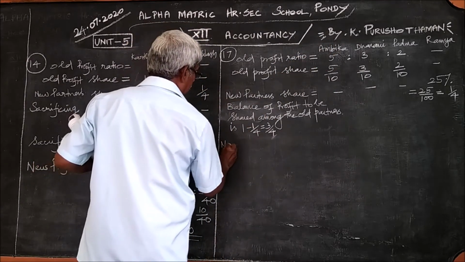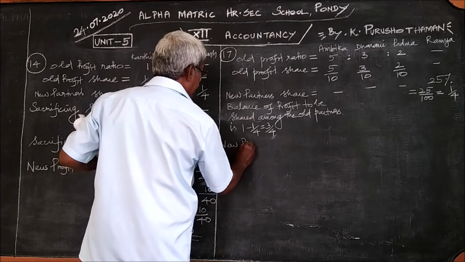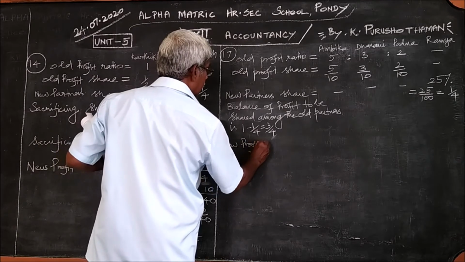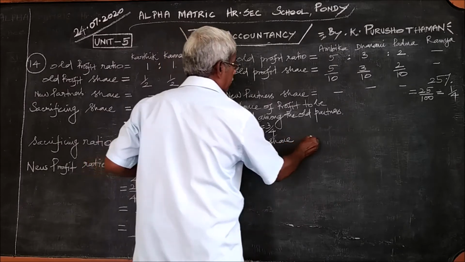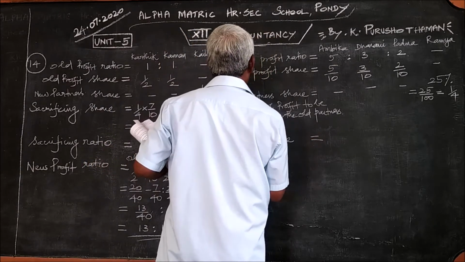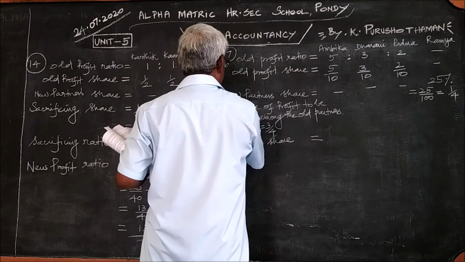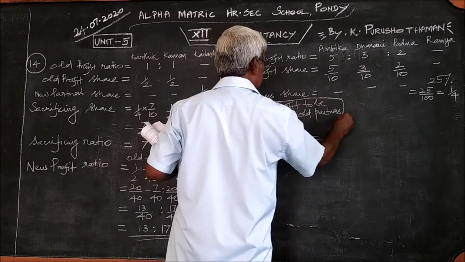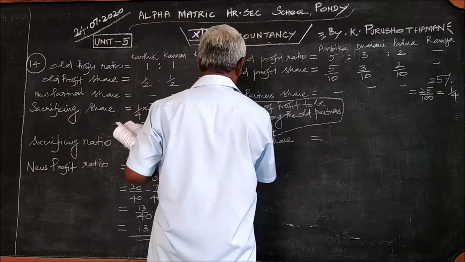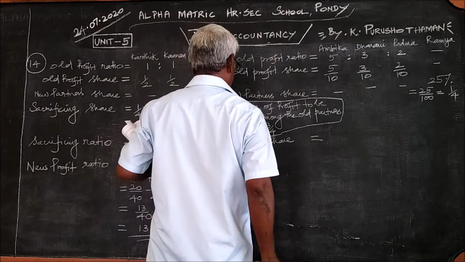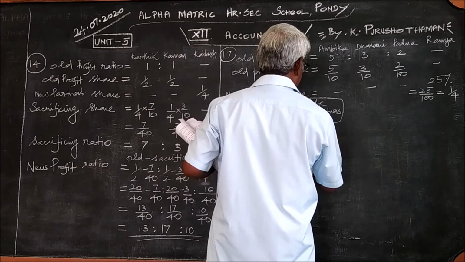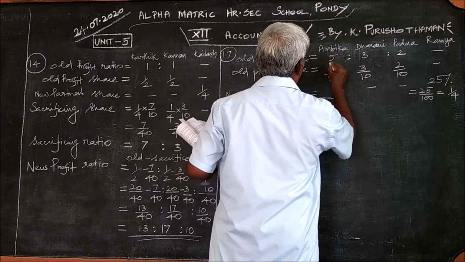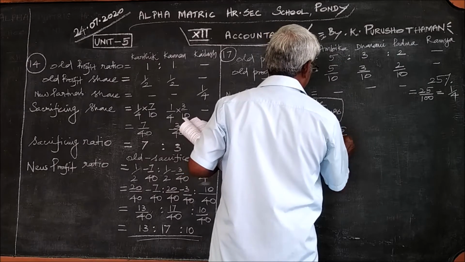Therefore, new profit share is equal to: from this 3 by 4, 5 by 10 is taken by Ambika.